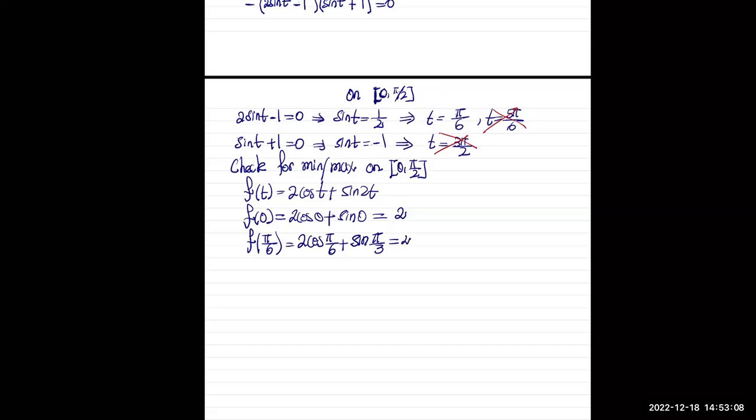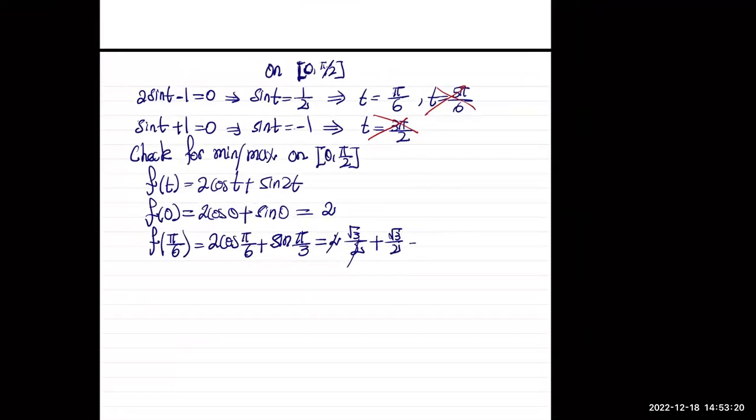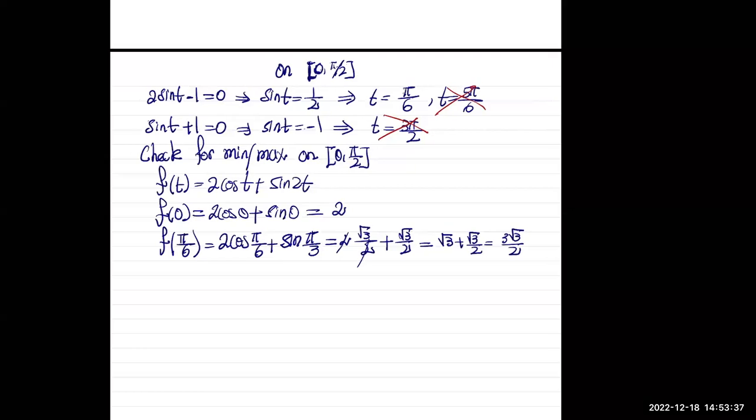So that's 2 times √3 over 2 plus sine of 60 degrees, which is √3 over 2. That's root 3 plus root 3 over 2, which is like having something plus half of that thing. That would be 3/2, so you get 3 root 3 over 2, or you could just leave the answer like that.